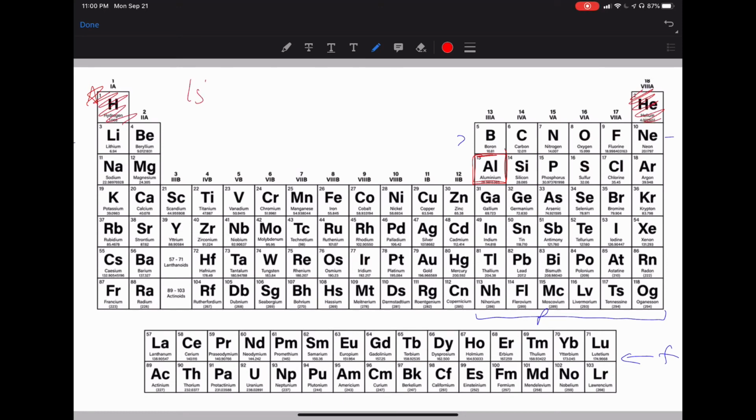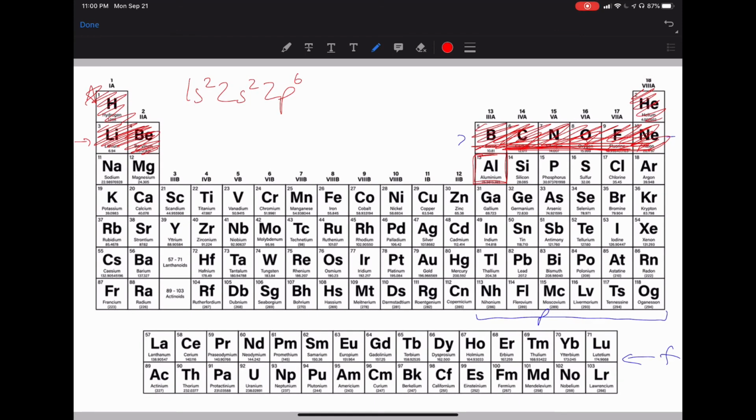So I'm just going to write 1s2. So then wrapping around to level 2, this is the S block, and there's 2 electrons here. There's 2 elements there, so we'll write 2s2. And then next we get to this section, which is still the second level, but now we're in the P block. So 2p, and there's 6 elements here, like six spaces, if you will.